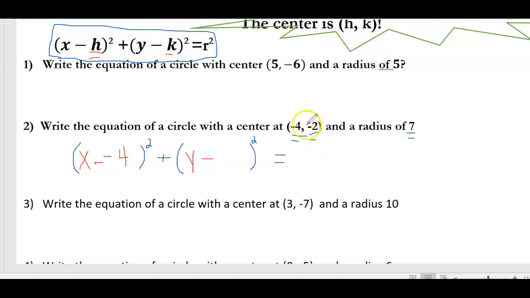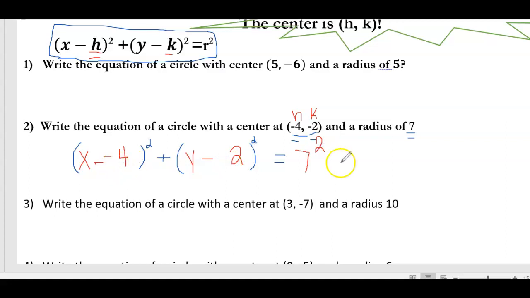So my k is negative 2, and it's always hk, like hokey pokey. So hk, so negative 2. Or hockey. You could either way, whatever you want to remember, but hk. Okay, equals 7 to the second power.